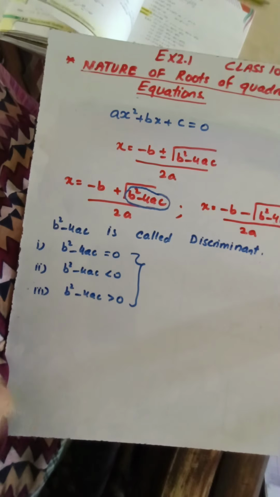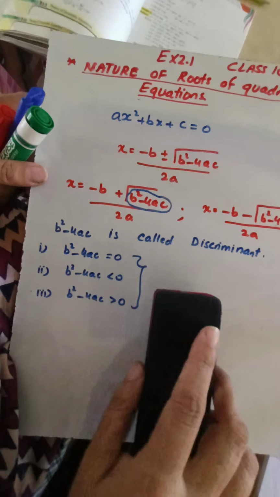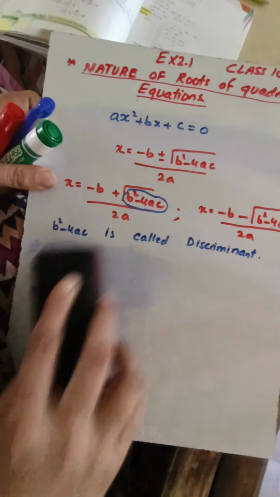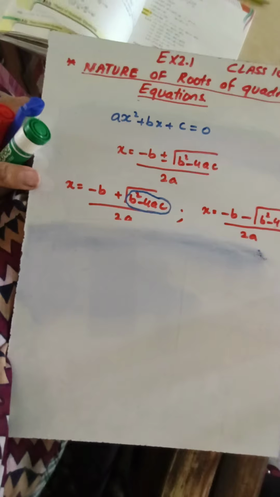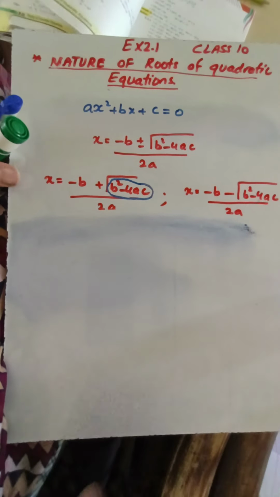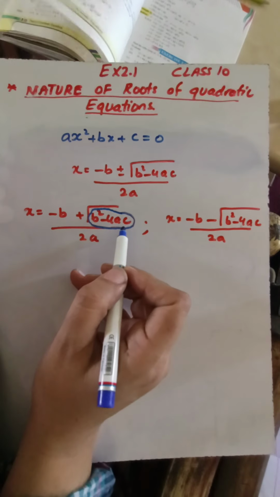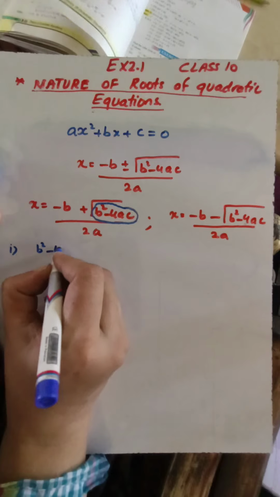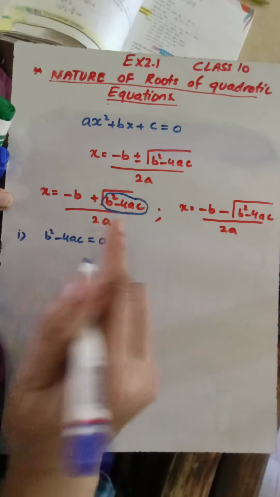Now in the first case, let us suppose that b² - 4ac is equal to 0. If b² - 4ac comes out to be equal to 0, then what will be the first root?